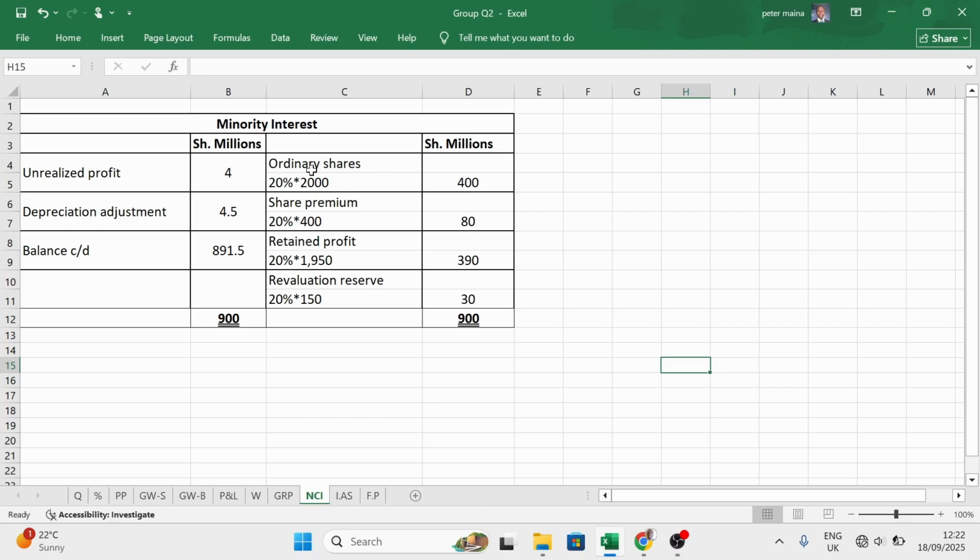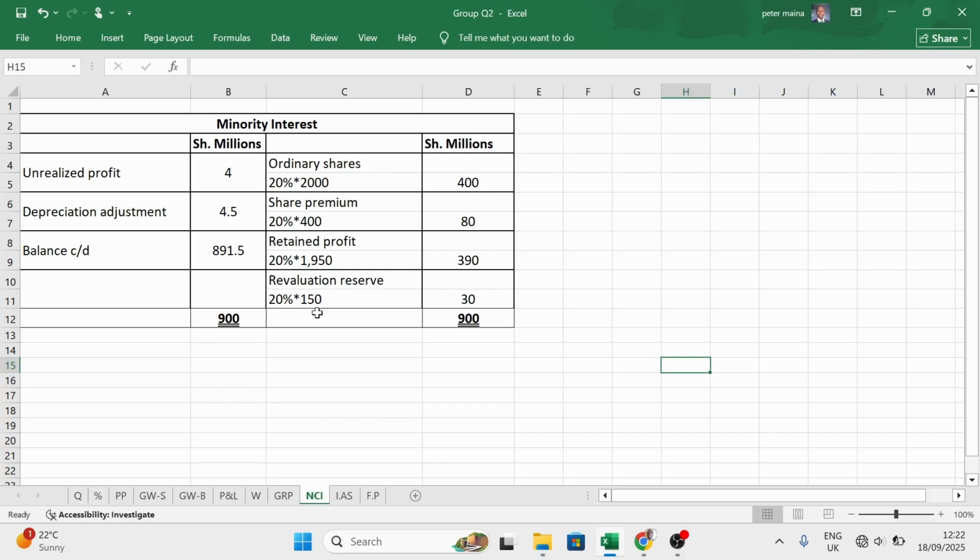The only other item that we include here, which is normally not given in the balance sheet, is the revaluation. Most often the revaluation will be shown in the additional information. So the gain itself was 150.